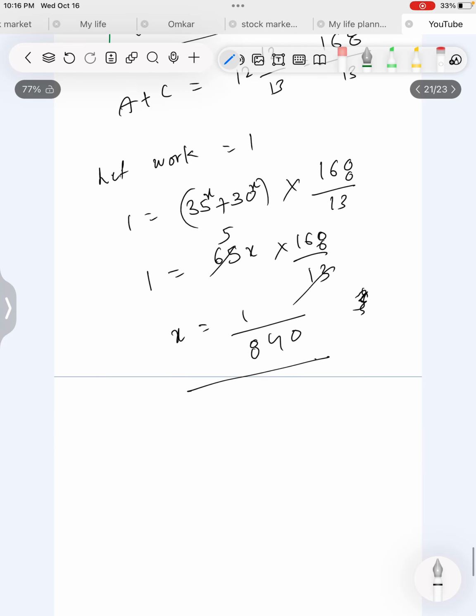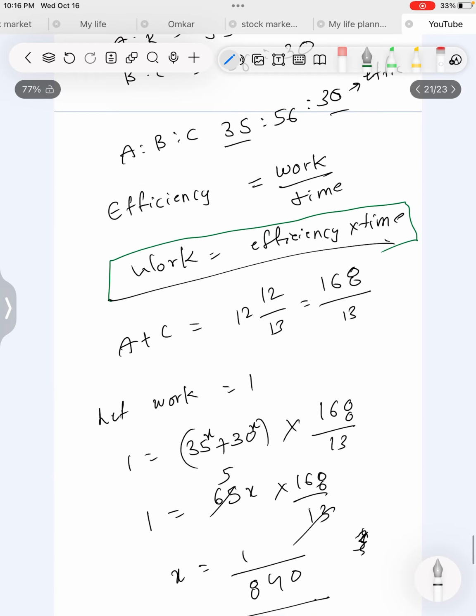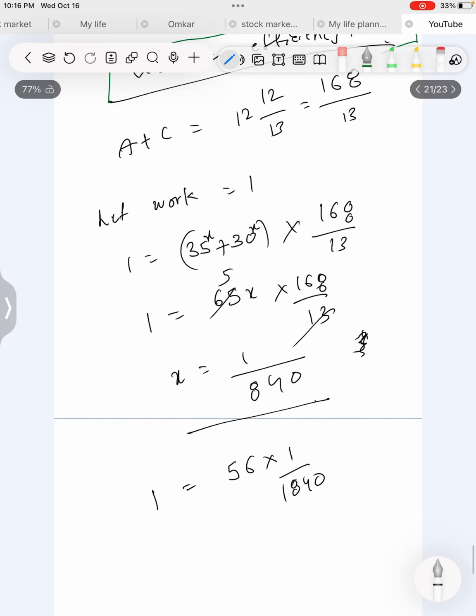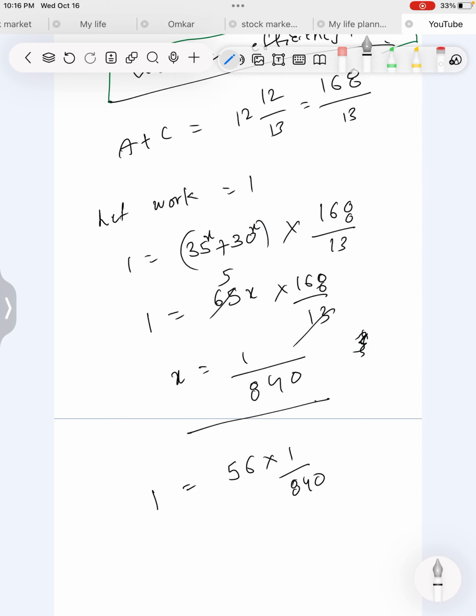The thing is that the work with B is 56, so 56 into 1 by 840 is B. Here you can see efficiency is calculated into time.